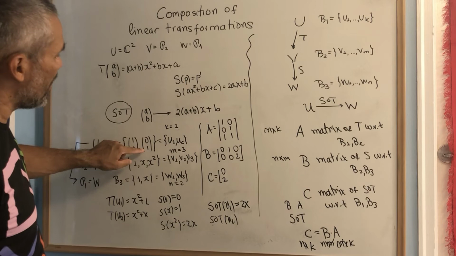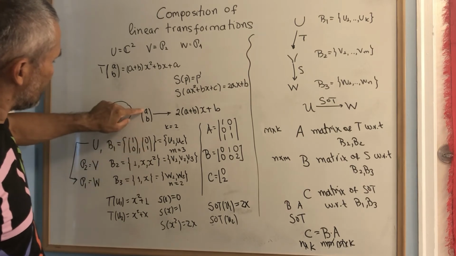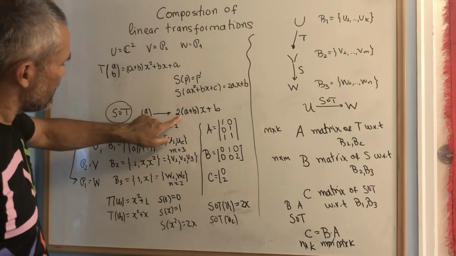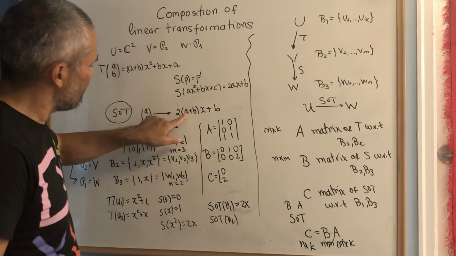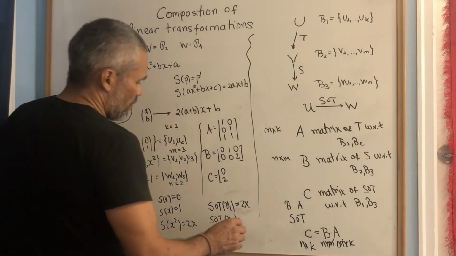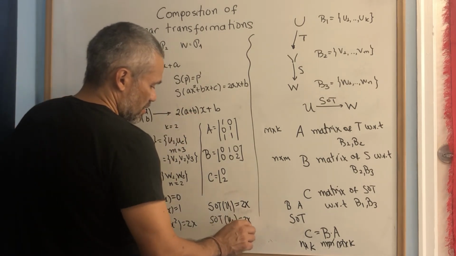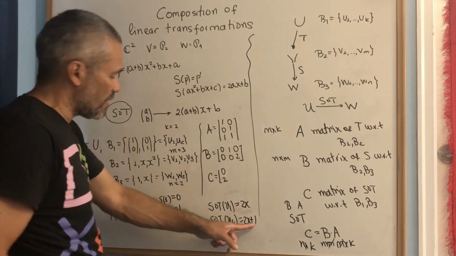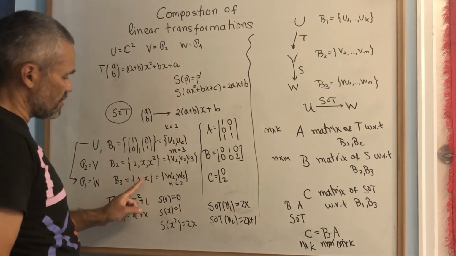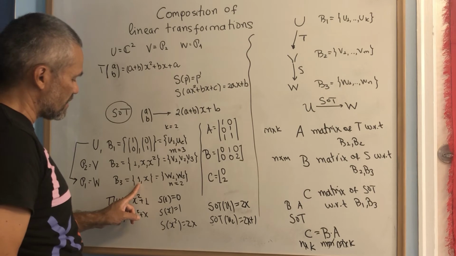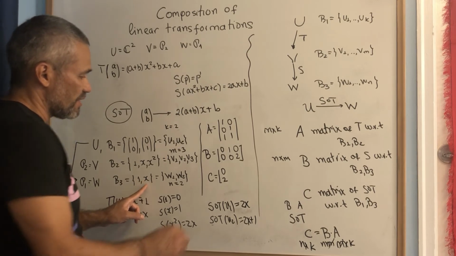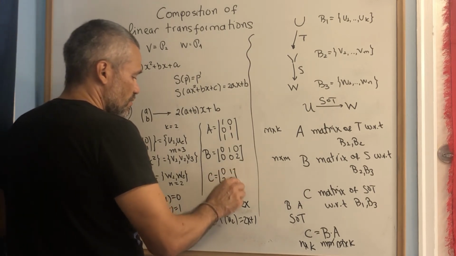And this 0, 1 means that a is 0, b is 1, and then it will go to the polynomial 2x plus 1. And how do I write 2x plus 1 as a linear combination of these two vectors? It's just 1 times this vector plus 2 times this vector, then it's 1 and 2.